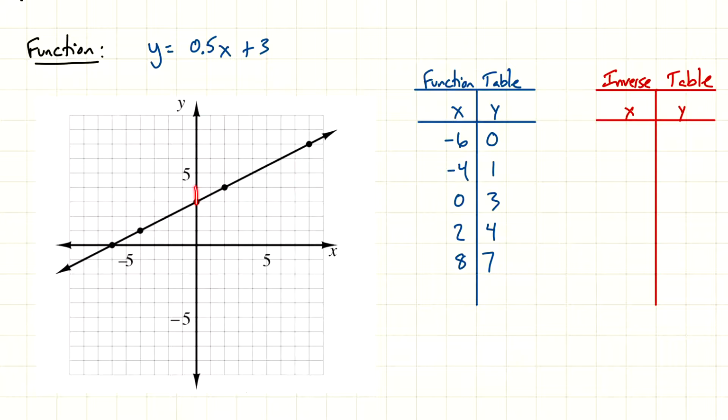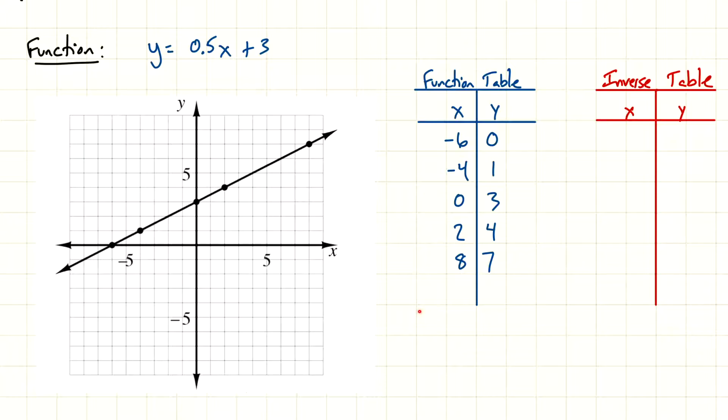So you should notice it goes up 1 and over 2. All right, so we're going to see what the inverse looks like. Is it also a linear function? Is it something else? Is it positive, negative? Well, we're going to use our table. We're going to start with the table values and use that to guide us towards possibly creating an inverse equation.